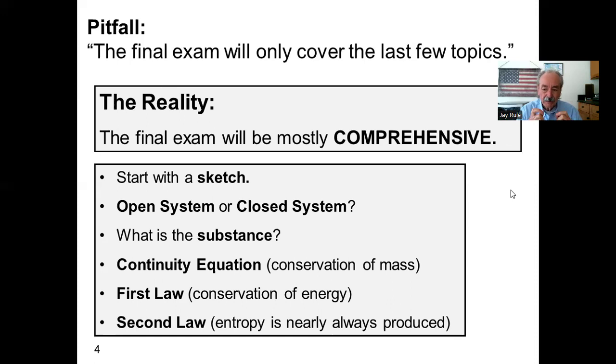There are only certain few very special cases, reversible, where entropy is not produced. So those are items that I would see as being comprehensive, stuff that you've learned throughout the course that you will be applying on your exam.